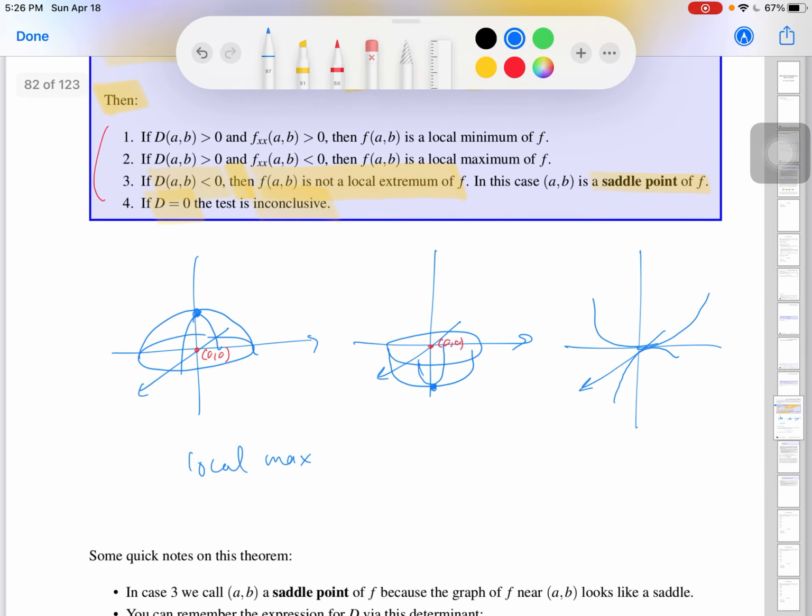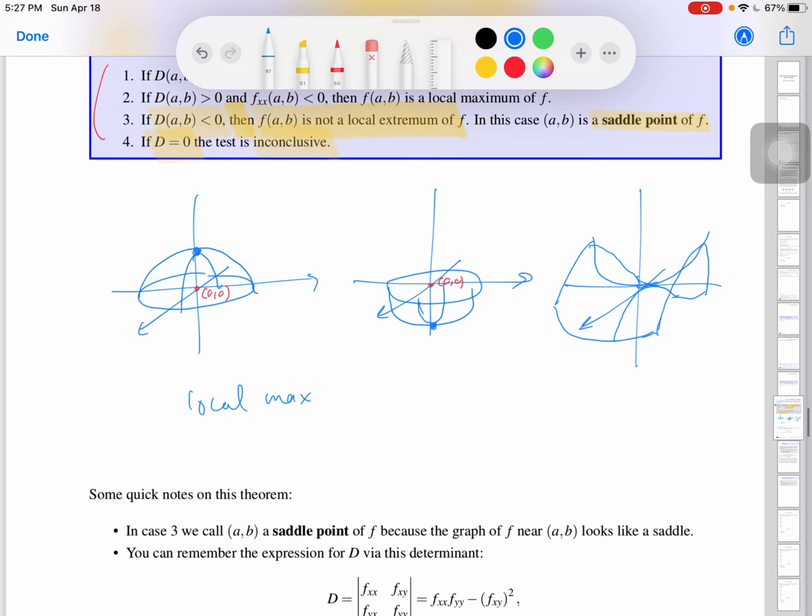And then you put this together, and it's a little tricky to draw, but it's kind of like what you think of as being a saddle, an actual saddle that you would use for riding a horse, for example. So I've done a terrible job of drawing this because it is quite hard to draw. But in the example that I'm going to show you in a minute, we are going to find a saddle point. So you'll see this in 3 dimensions.